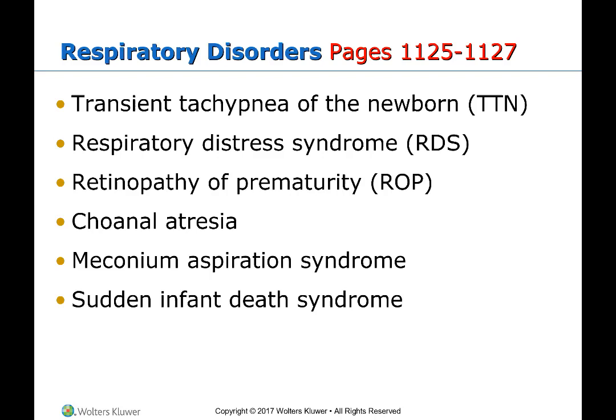So some of it still has to come out, some of it has to be absorbed. And so it says the cause of this transient tachypnea, fast breathing of a newborn, is delayed absorption of fetal lung fluid after delivery. So as soon as that is absorbed or suctioned out, then this passes, and by day 3, things are looking good.